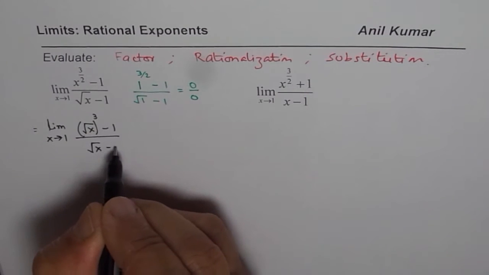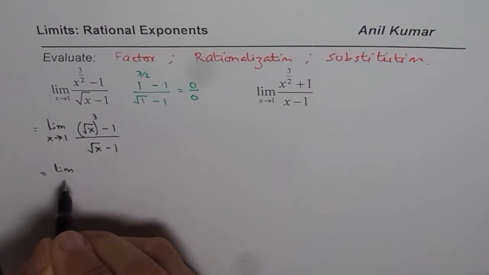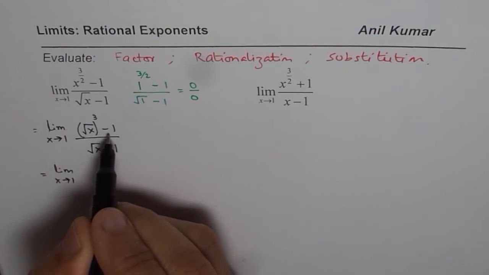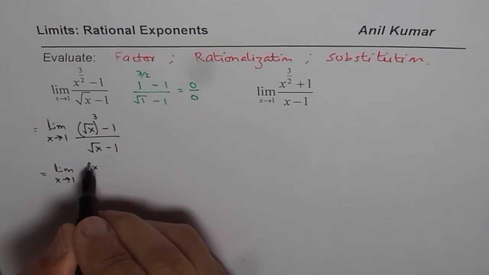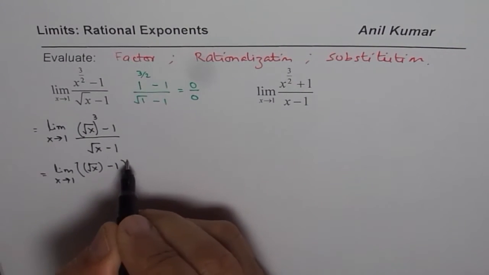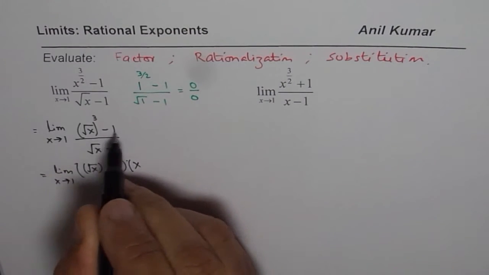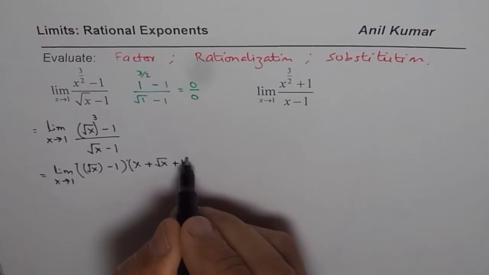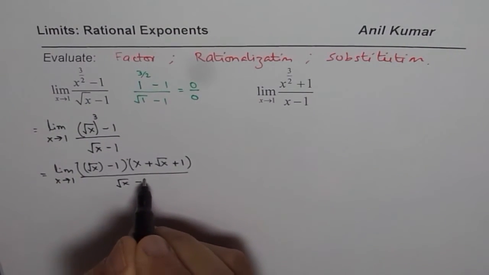Now we will actually expand the numerator and then see what we get. So a cube minus b cube we could adopt, right? Which is (a - b) times (a square + ab + b square). So (square root x - 1) times (x + square root x + 1), divided by (square root of x - 1).